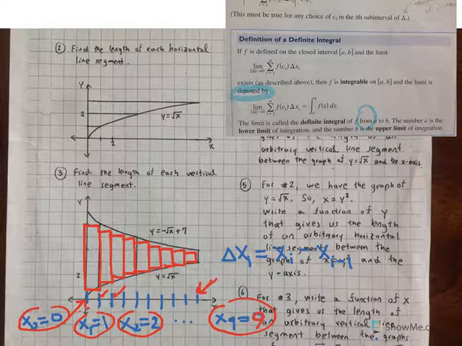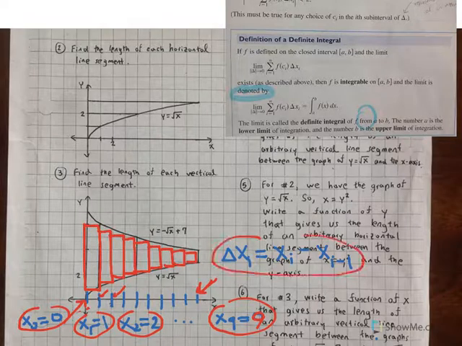So what is the width of each subinterval? Well, you can just subtract the two x coordinates, right minus left. And that's given by delta x sub i, the x coordinate of the right minus the x coordinate of the left. So that's the width of each subinterval.